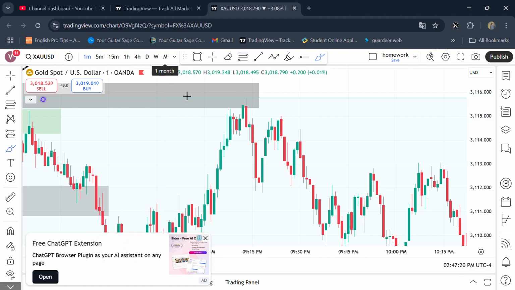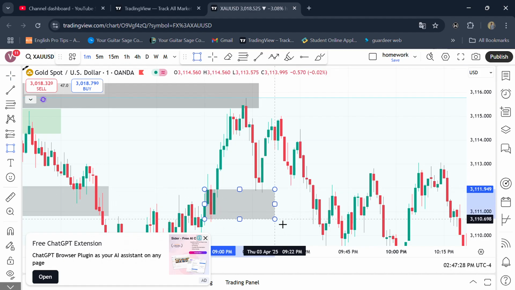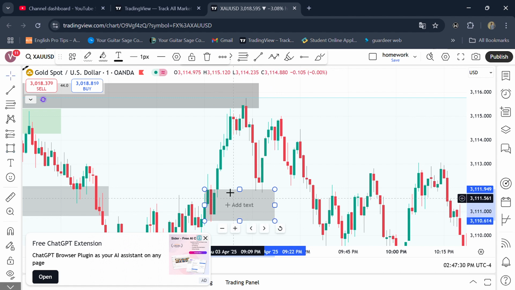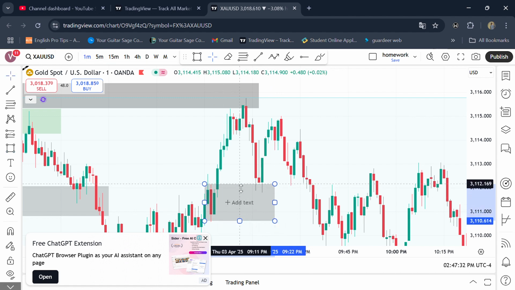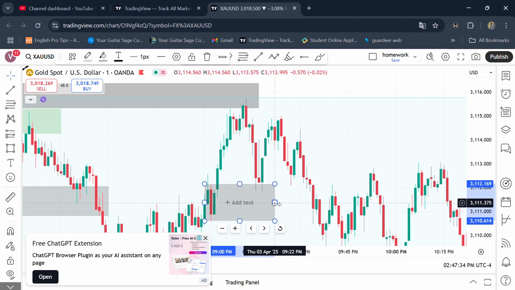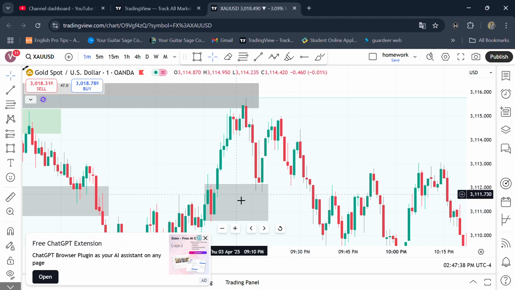formed. Then you'll also see that there is this order block. It's an inside bar, so let's take the bigger candle. Price also respected this 1 minute buy side order block, and it pushed the price up.